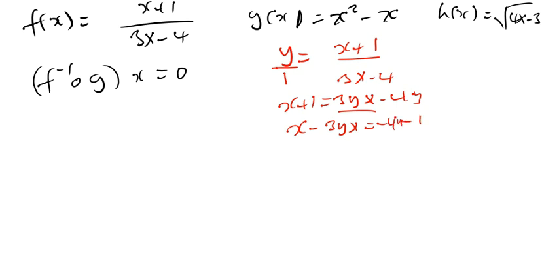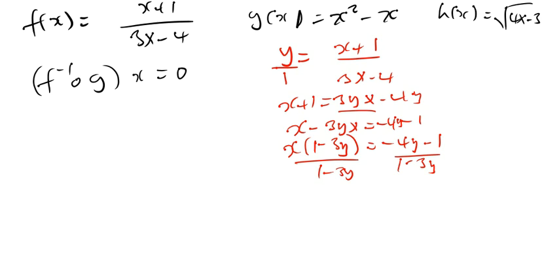Factor out x, so it will be 1 minus 3y times x is equal to negative 4y minus 1. Then you divide everywhere by 1 minus 3y, so these will cancel. x is equal to negative 4y minus 1 over 1 minus 3y. Anyone with a problem on how to find this?